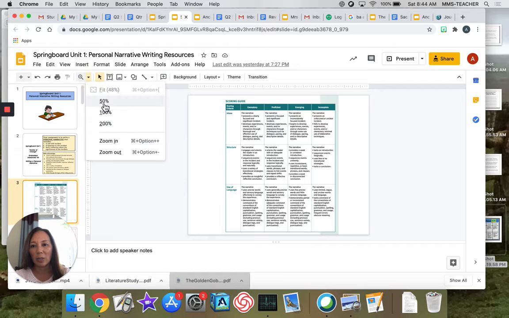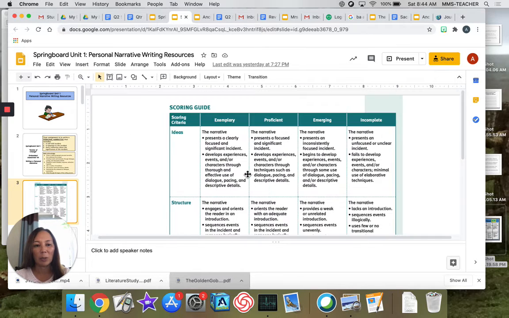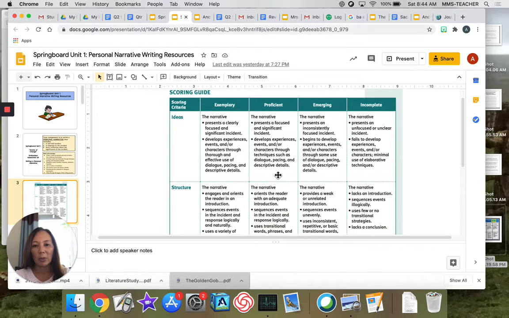This is the scoring guide on how your personal narrative will be scored. So we're going to be looking at some of these key areas. The first area will be ideas. So the narrative presents a clearly focused and significant incident.